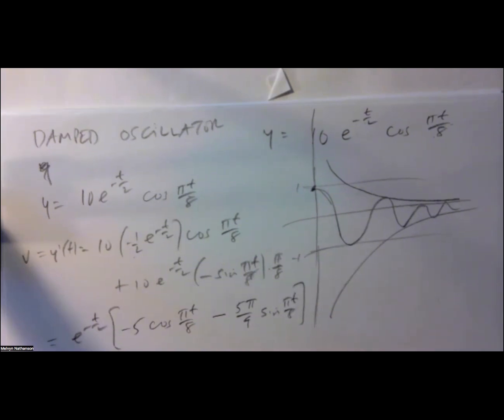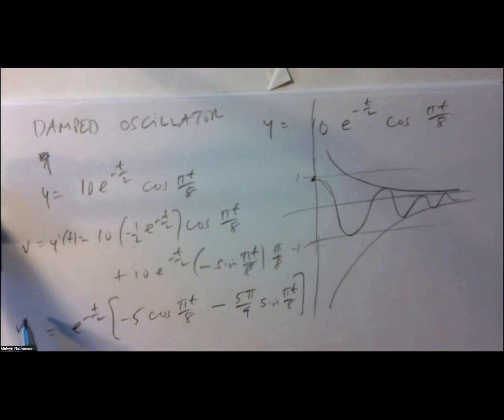So this is the velocity at time t of this oscillating object.